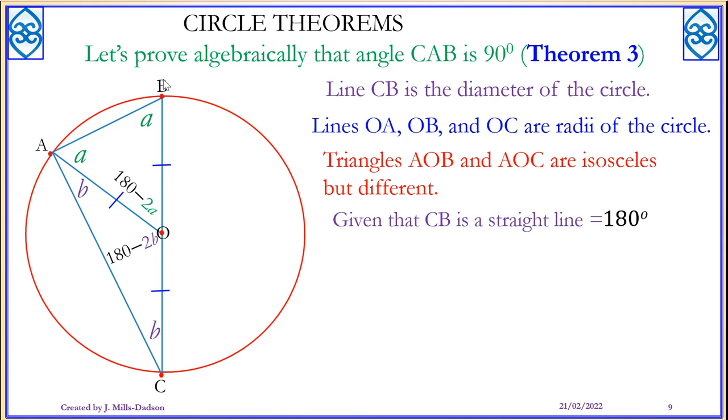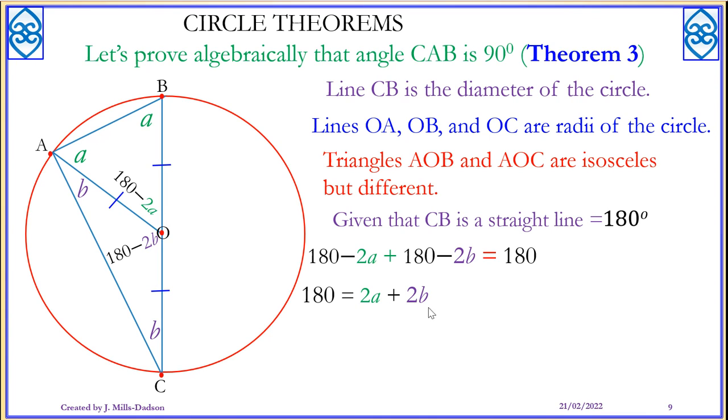And you realize that BC is a diameter. And diameter is a straight line. And angles on a straight line make 180. Therefore, when you add these two up, 180 minus 2A plus 180 minus 2B should equal 180. And if you work it out, you end up having 180 equals 2A plus 2B.